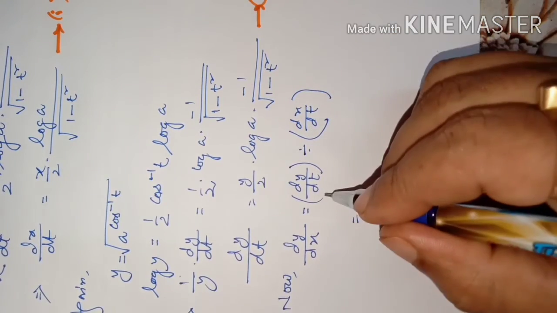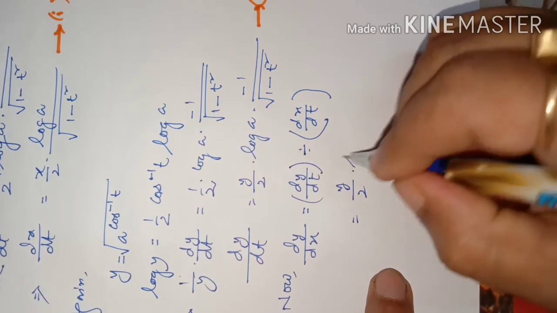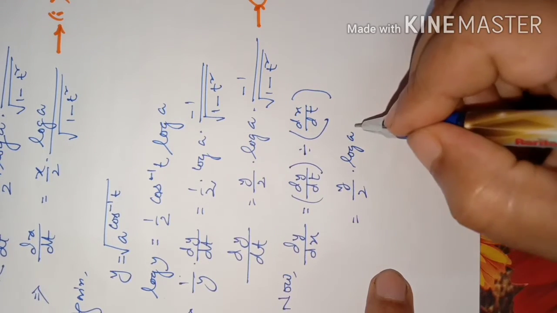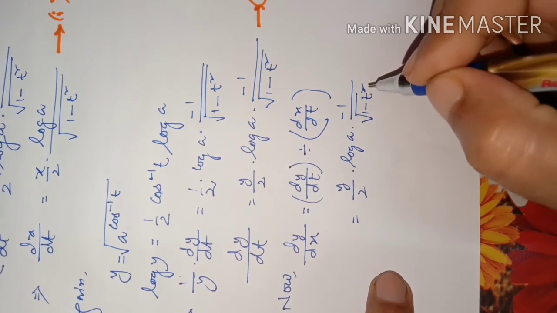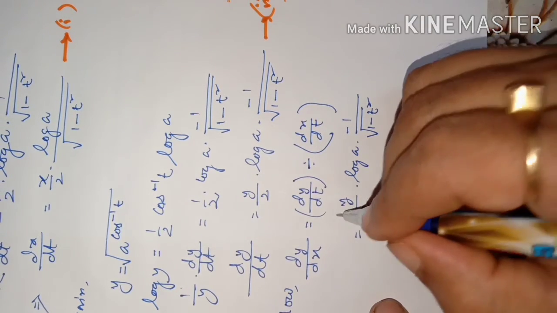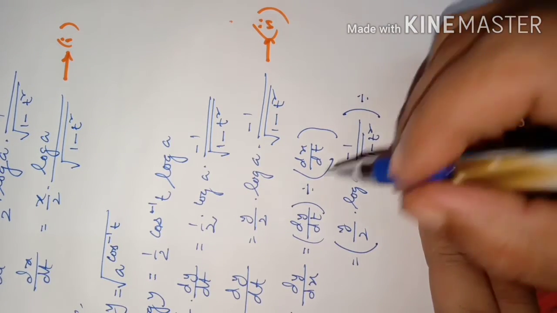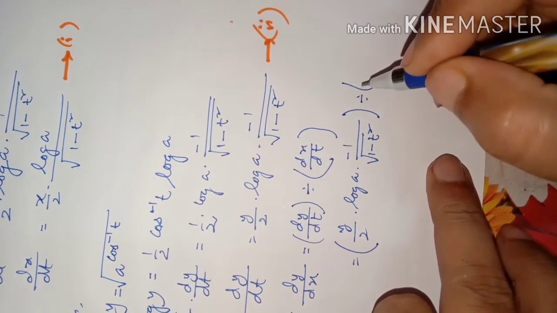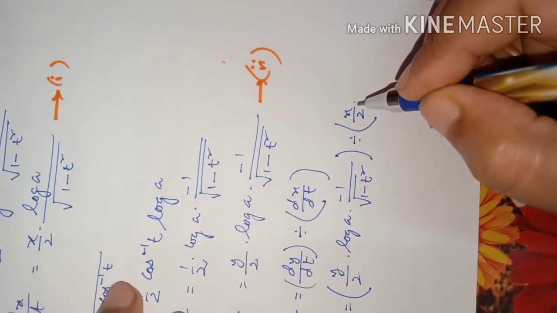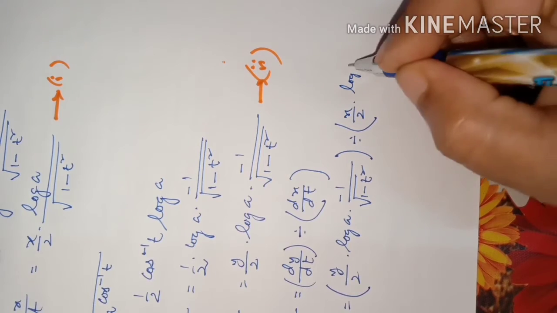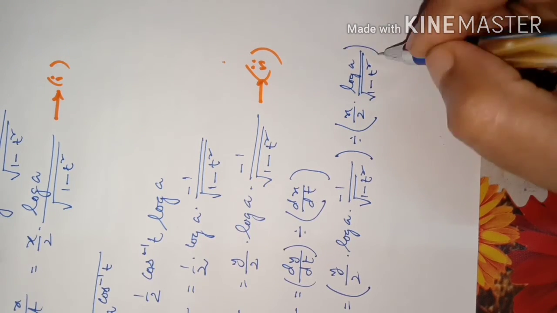So dy by dt is this one, y by 2 into log a into minus 1 by under root 1 minus t square, then divided by this whole thing, divided by dx by dt. dx by dt is x by 2 log a divided by under root 1 minus t square, bracket closed.